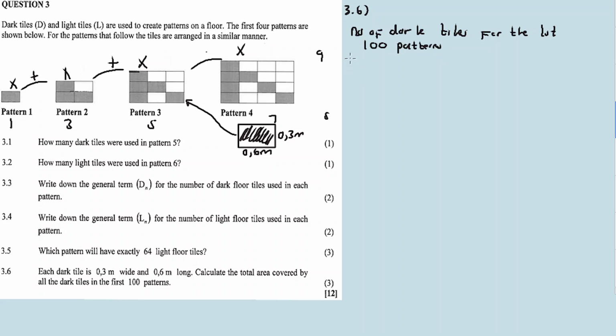And in order to do that, you must say for pattern number 1 it is 1, pattern number 2 plus 3, for pattern number 3 it's plus 5, for pattern number 4 it's plus 7, for pattern number 5 it's plus 9, plus something, until you get to pattern number 100.